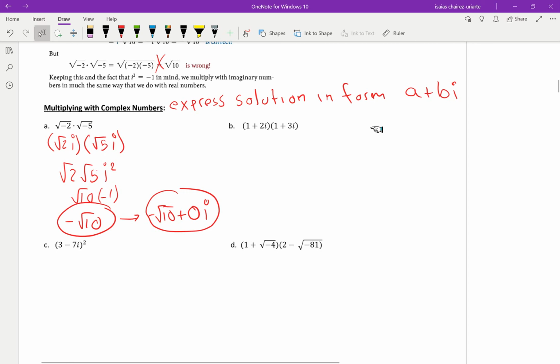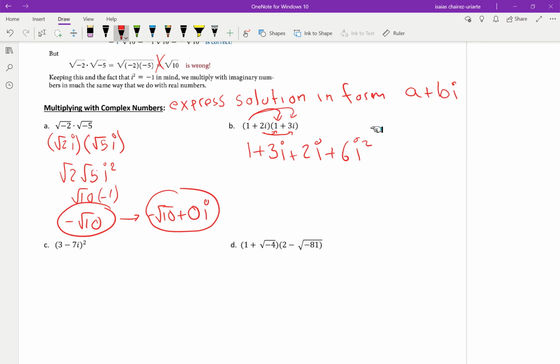Okay, so for the next multiplication, I gotta think FOIL. I gotta think multiplication of a binomial times another binomial. So I'm gonna do 1 times 1 and 1 times 3i. So that becomes 1 plus 3i. Then I'm gonna do 2i times 1, so plus 2i, and 2i times 3i. That's 6i squared. And now I gotta simplify and collect like terms.